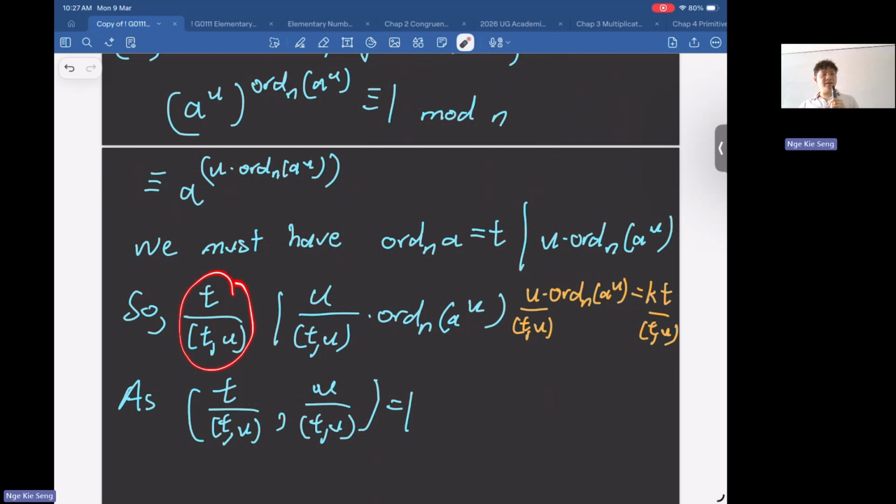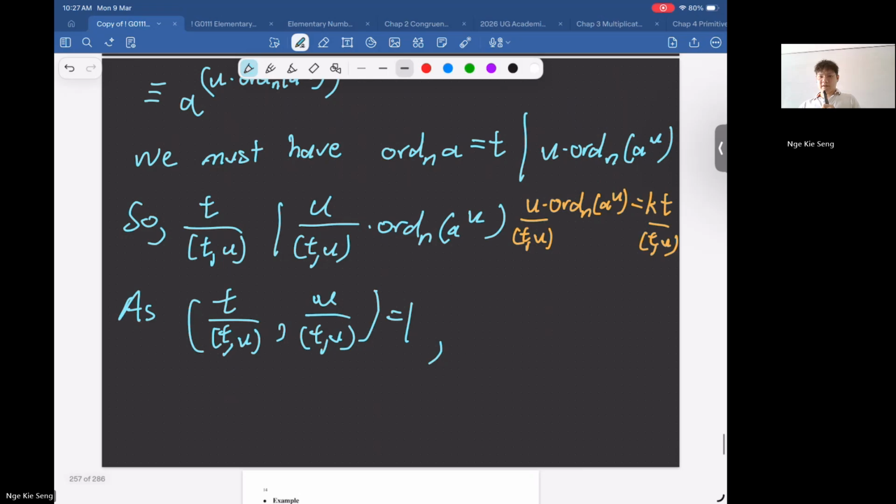Meaning this term cannot divide U over GCD(T,U). So it means that T over GCD(T,U) must divide the order of A, which is what we wanted.